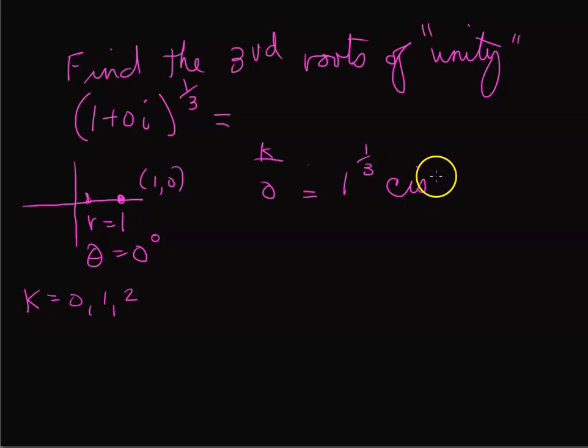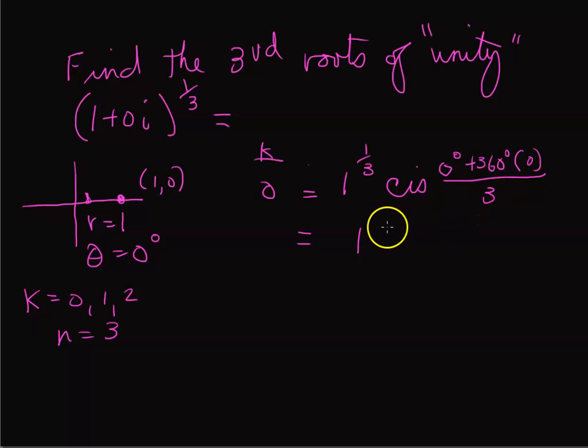Now you've got to do this theta, which is 0 degrees, plus 360 degrees times 0 over n, which is 3. What is that? Well, the third root of 1 is 1. This is the angle 0 because you've got 0 plus 0 over 3. So this is just 0 degrees.